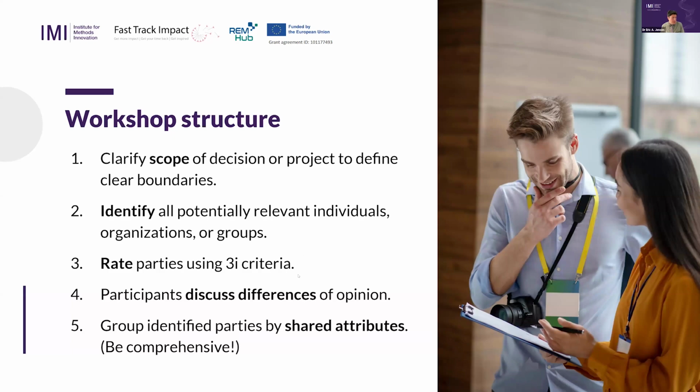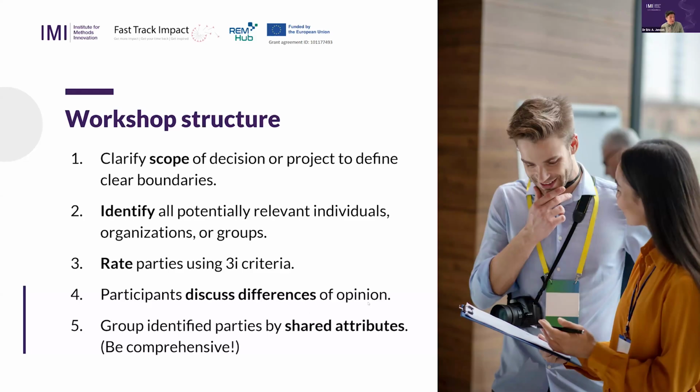And then you have the three criteria we discussed: interest, influence, and impact. You go through those systematically and you get input, and then you discuss differences of opinion. So you first document people's individual views, and if they know the same players, they may in some cases have a different assessment of how relevant they are.